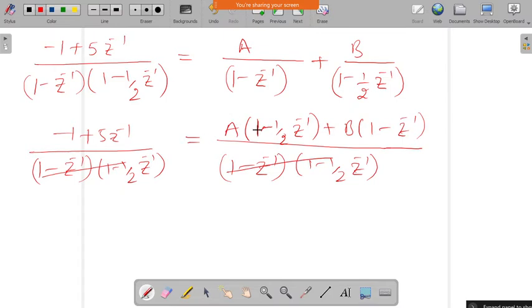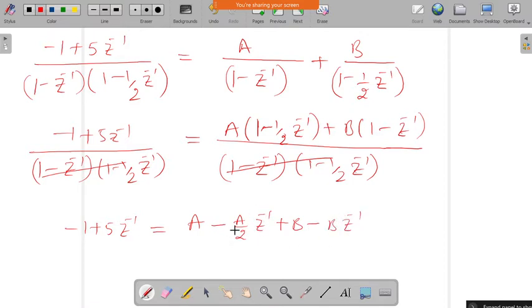So now the corresponding z inverse terms we have to equate, and the terms without z we can equate, and we can find the values of A and B. Okay, so that is -1 + 5z^-1, which is equal to, multiplying A inside, A - (A/2)z^-1 + B - B z^-1.